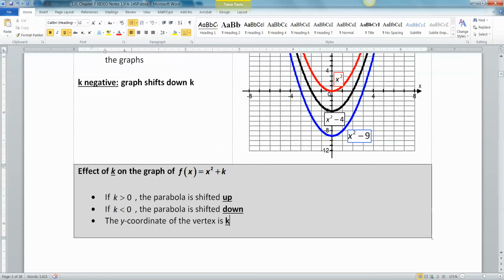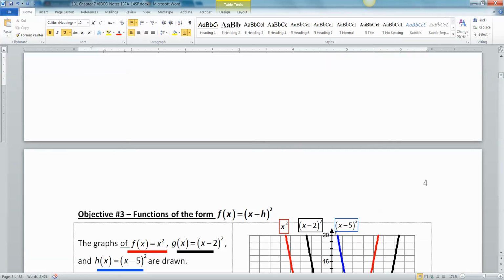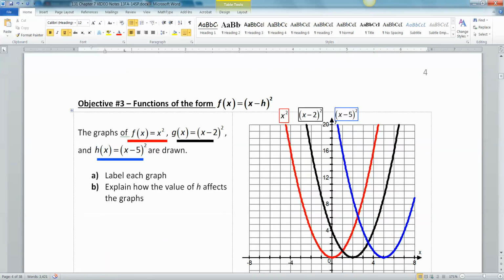The vertex is a point, so it's going to need both an x and a y. So we've got the y part figured out. We're going to figure out the x in a minute. Speaking of which, let's go figure that out. What happens if we start putting something inside the parentheses with the x? So if you make it x minus h squared. Now notice that has a minus inside it already.